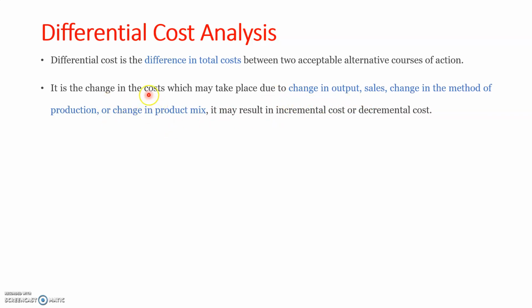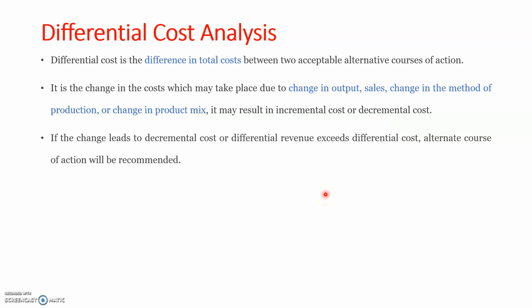That change in the cost we call differential cost, and it may be incremental cost or decremental cost. Sometimes the change leads to an increase in cost, so we call it incremental cost, or sometimes it leads to a decrease in cost, and then we call it decremental cost.